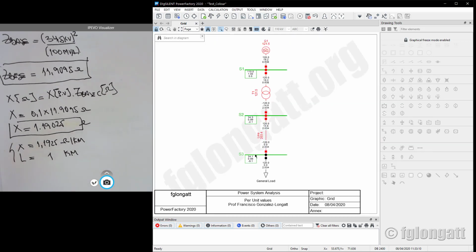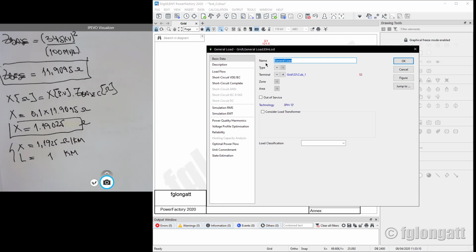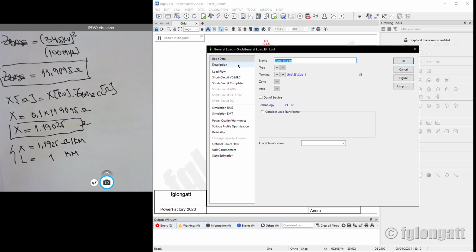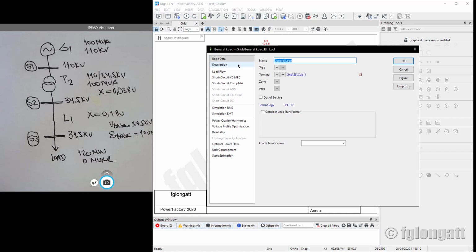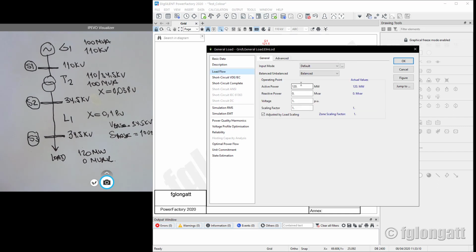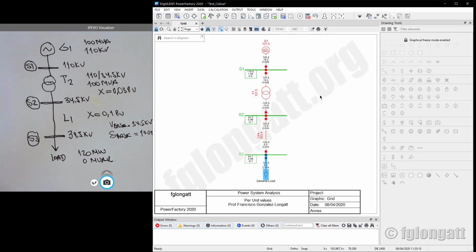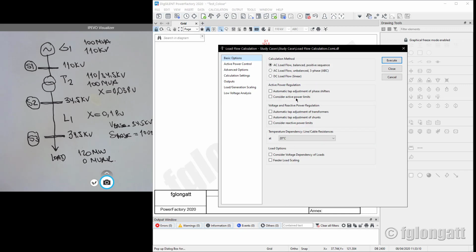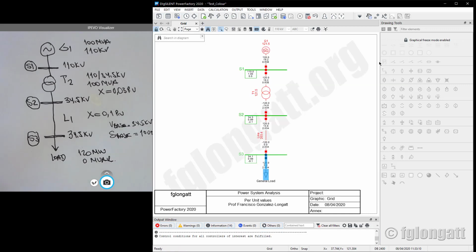Now we have a load here at the very end. And that load is 120. Let me run a classical load flow. I run a classical load flow, and some people will say, "Oh, Jesus Christ! And now we have red color."